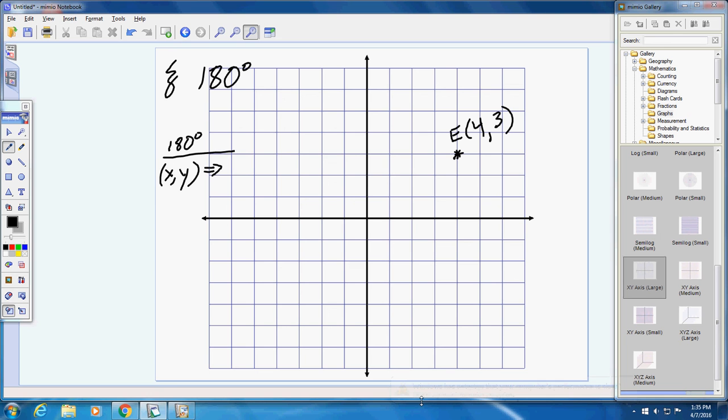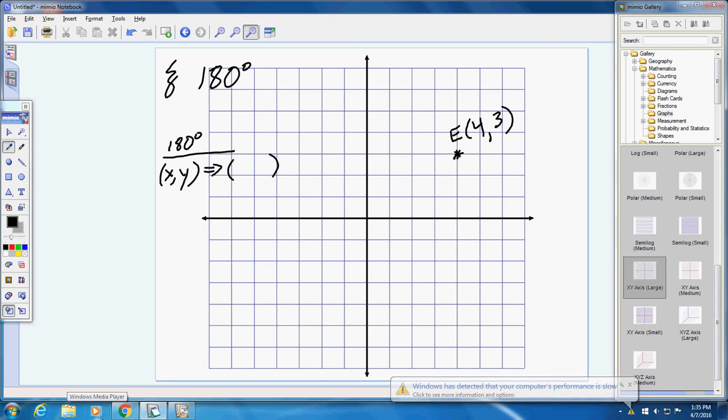Now, take your page, spin it completely 180 degrees so your page is upside down now. So let's figure out what we're going to get here.